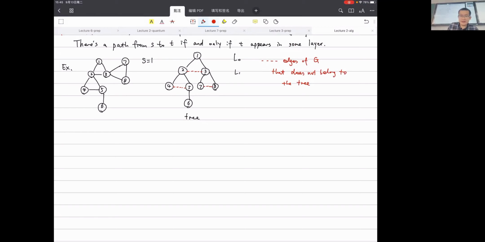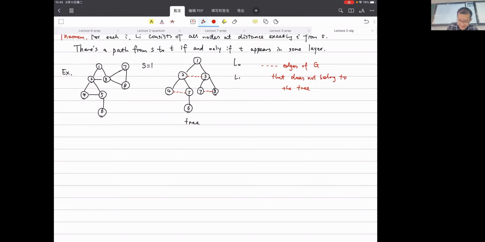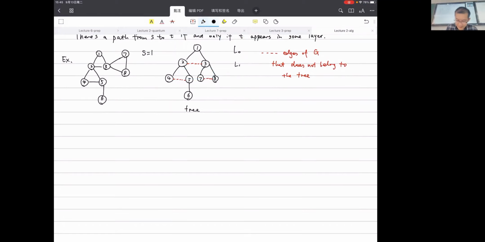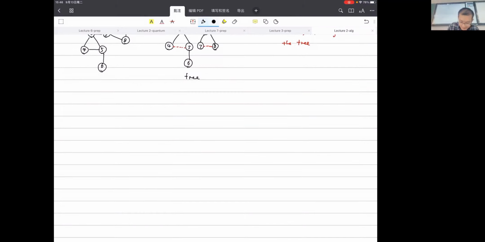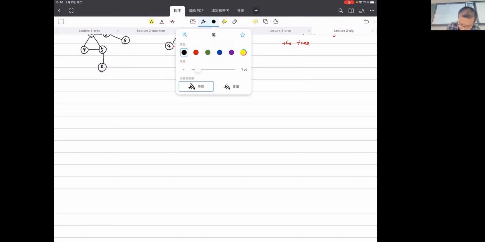In any case, if you want to consider the ST connectivity problem, this structure gives you a clear sense of the shortest distance from S to the corresponding vertex. Let's first discuss a property that we are going to use in the discussion.